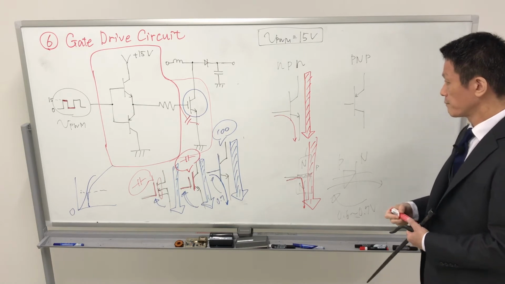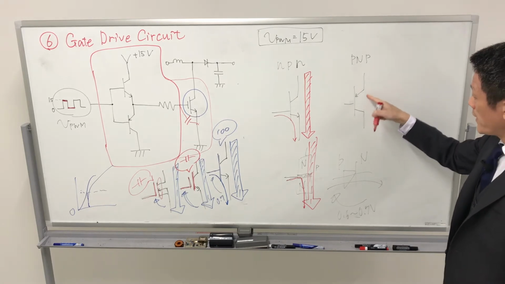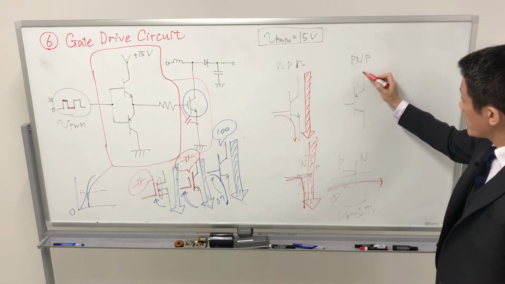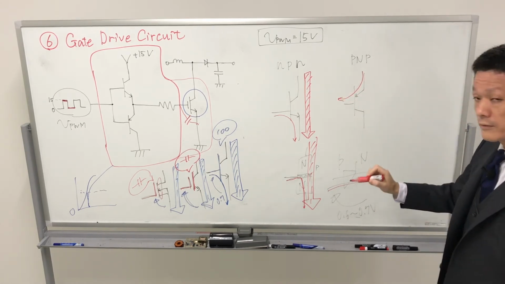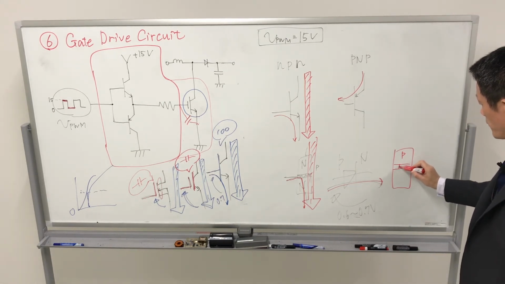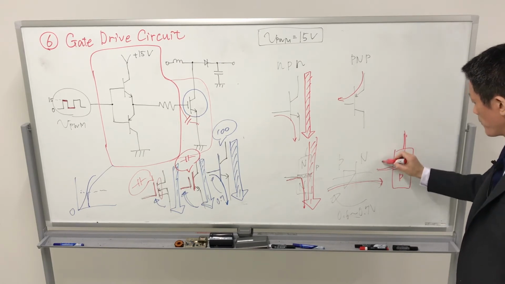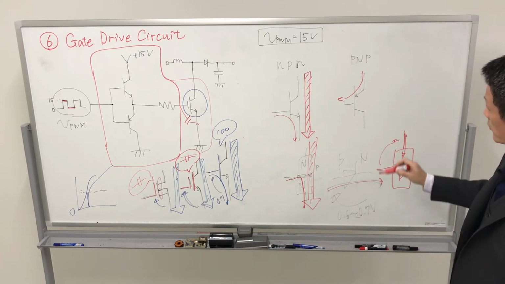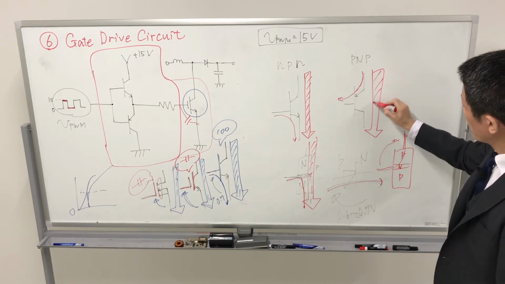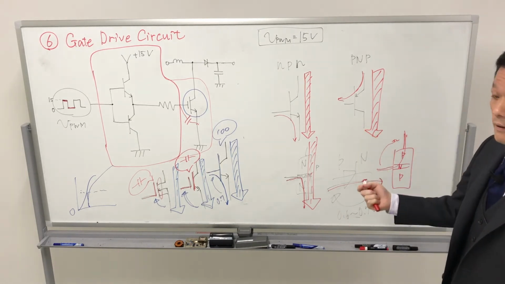Now the PNP: the PN junction flows through here when the voltage is input, so current flows through here. We can treat this PNP transistor as a switch like this.